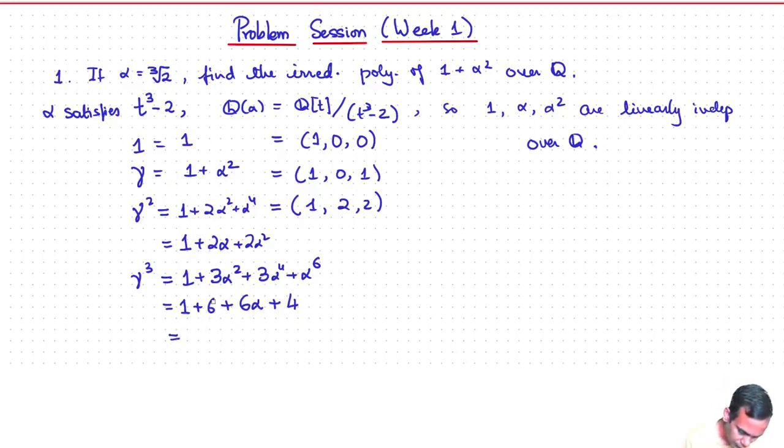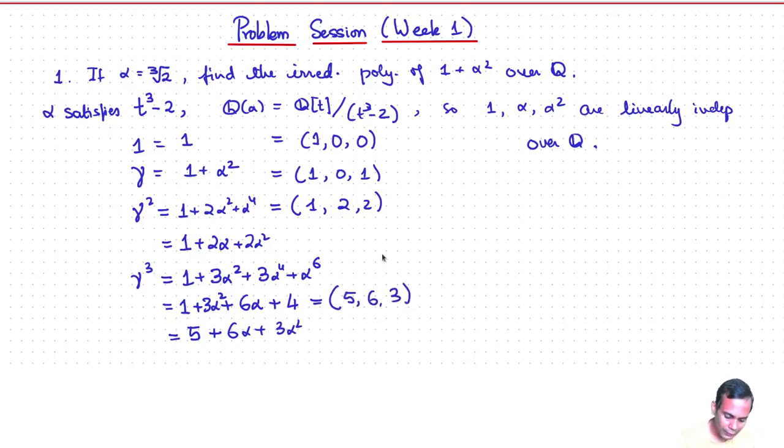Oh, I'm sorry, 3 alpha squared is not 6, it is just 3 alpha squared. Alpha squared is not 2, right? Alpha cubed is 2. So what we get is 5 plus 6 alpha plus 3 alpha squared. So this has coordinates 5, 6 and 3.